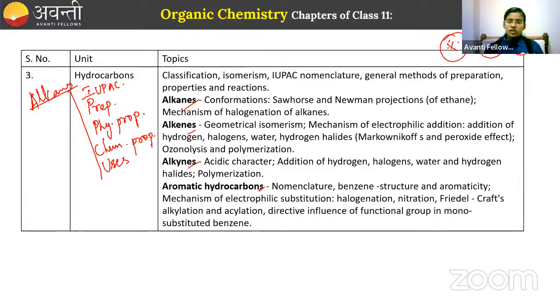So once we are done with our aromatic hydrocarbons, the entire organic chemistry is going to get over for class 11. Okay. So in physical chemistry, we had 6 lessons. In inorganic chemistry, we had 2 lessons. And in organic chemistry, we have 3 lessons. Okay. So totally we have 11 lessons in our class 11.